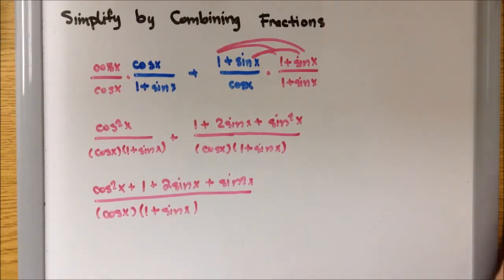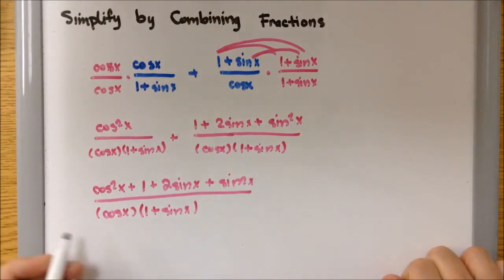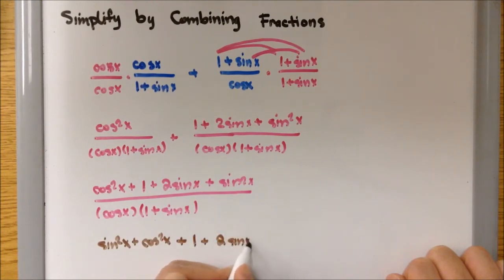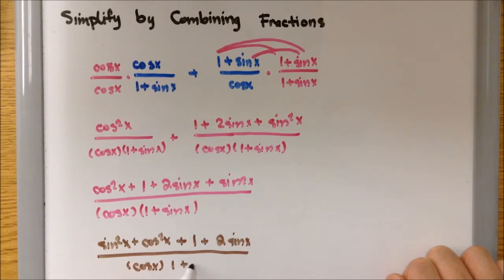I'm going to rearrange the top because I notice I have a cosine squared x and a sine squared x. So let me rearrange that. I'm going to put sine squared x first, and then cosine squared x, and then plus 1 plus 2 sine x over cosine x times 1 plus sine x.